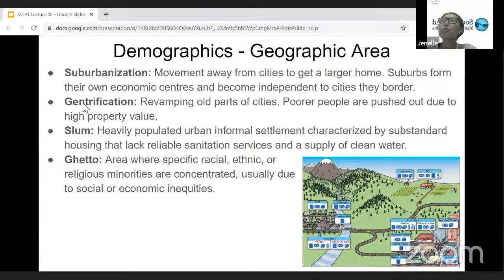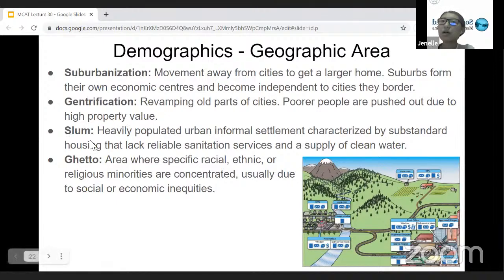Because of the work that they are doing in these cities, it tends to increase the property value of living there. And so more wealthy people enter those areas that are gentrified, and then it causes poorer people to be pushed out because they can't pay for that high property value.